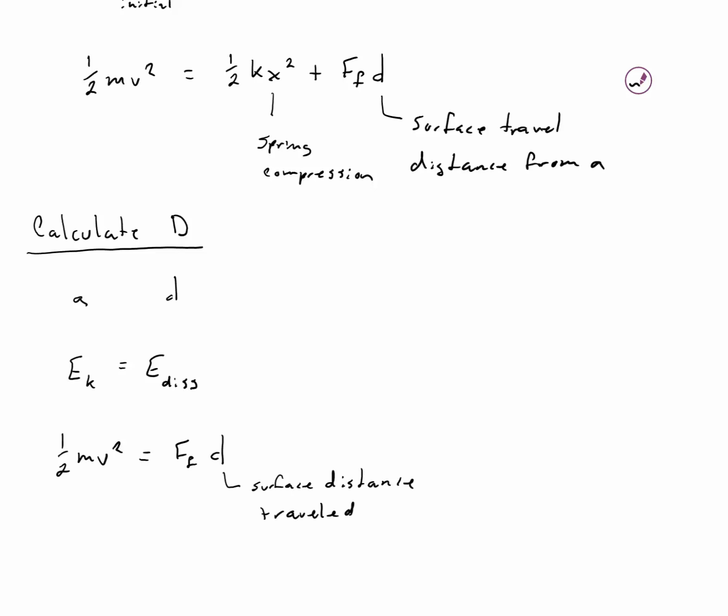Now what we'd have to be careful with is that this little d is not quite capital D, because the object is going to travel from here, compress the spring, and then come back to this location called D. So this distance right here, F we'll call it just because I have to pick a letter, plus this distance right here, G let's call it. What I've called D is actually F plus G, the total path length.